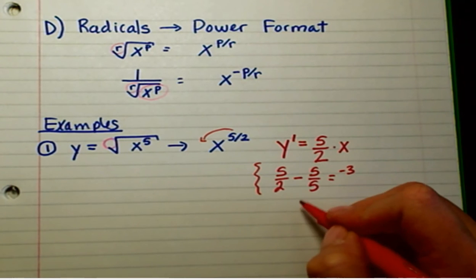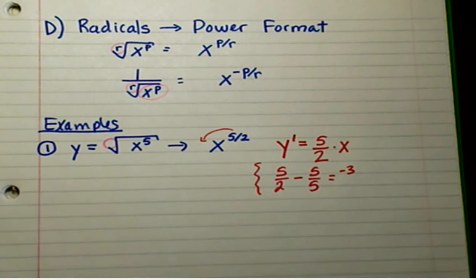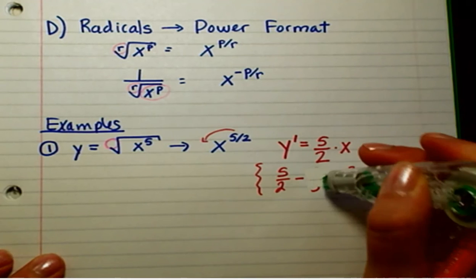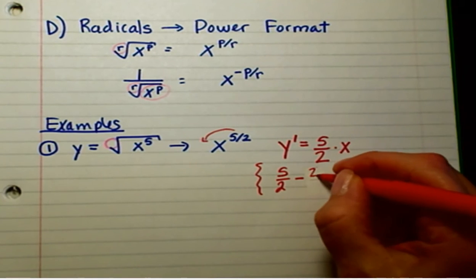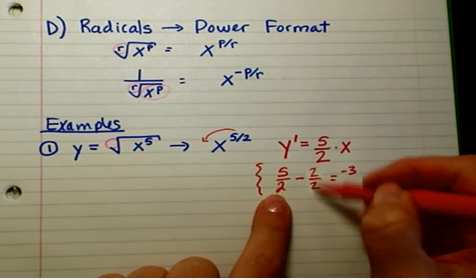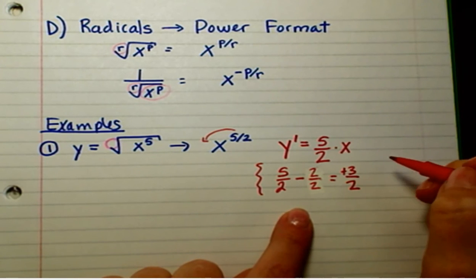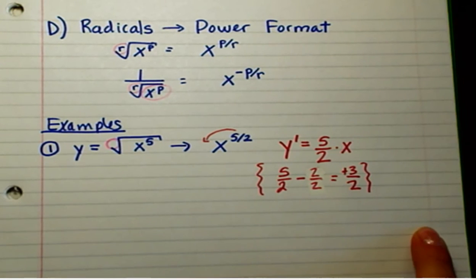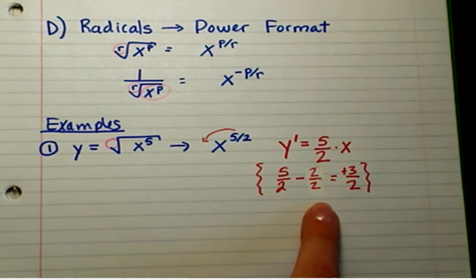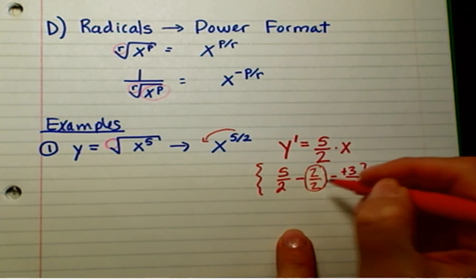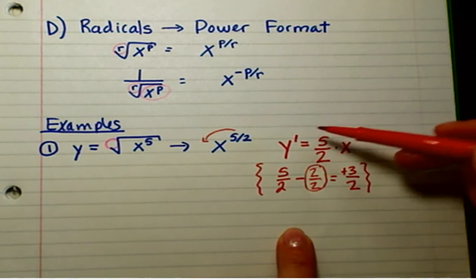Nope, sorry. Yes, thank you, because I'm silly. 2 over 2, thank you, which is 1, which is positive 3 over 2.